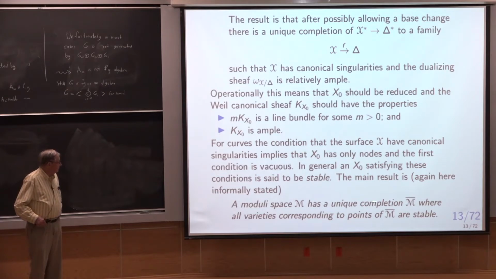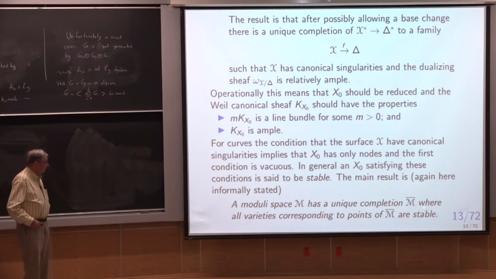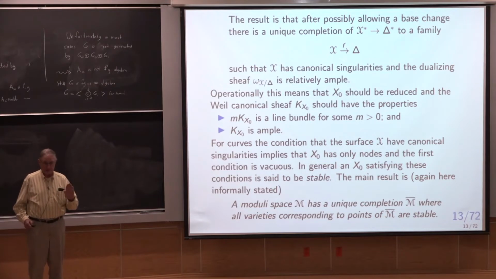So a moduli space has a unique completion where one says that a variety that has these properties that you use to fill in the origin is stable. Stable means that the canonical sheaf should be Q-Cartier. Some multiple should be a line bundle and it should be ample. These are so-called stable varieties. Those are the ones with good moduli theory. Well, moduli space has a unique completion where you add all the stable varieties of the given type.